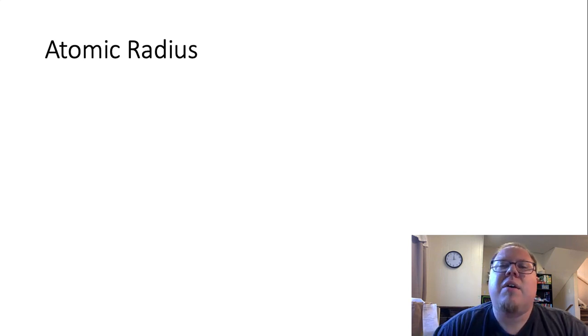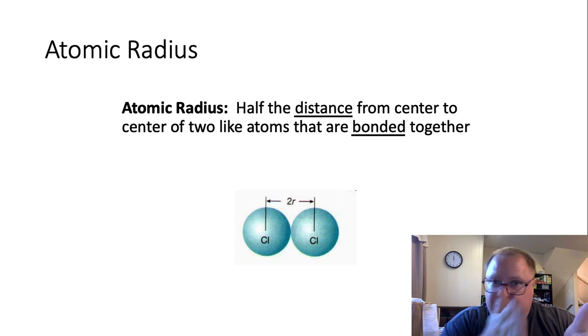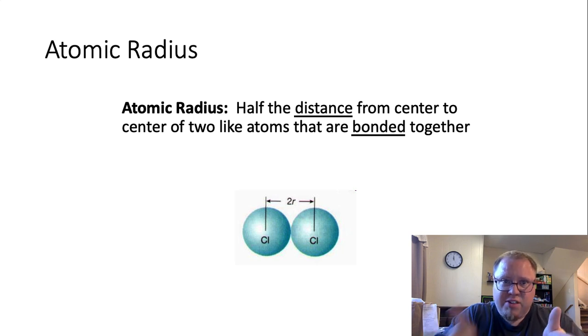So what we do is we find the centers of those atoms, and we measure the distance from center to center. If we have the distance from center to center of 2 atoms that are the same element, then if we just divide it in half, that would essentially be where the edge of the atom is, the radius, the center to the edge of that atom.